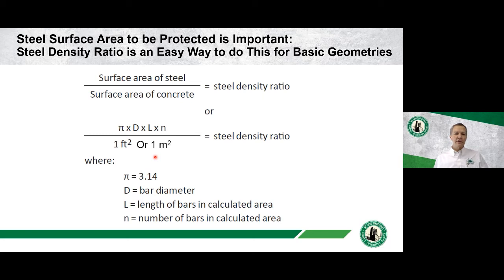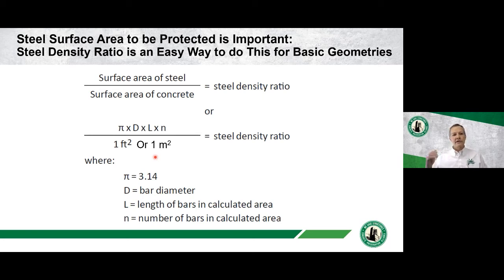And as long as you use units that are consistent and they cancel out, then this calculation works regardless whether you do it in square feet or square meters, or whether you do it in square inches or square millimeters. The calculation will work. You just have to be consistent with your units.